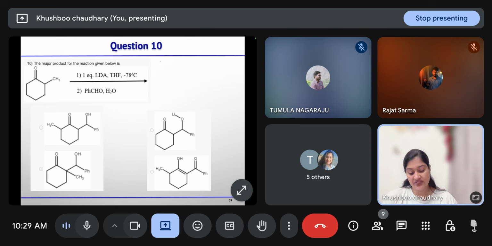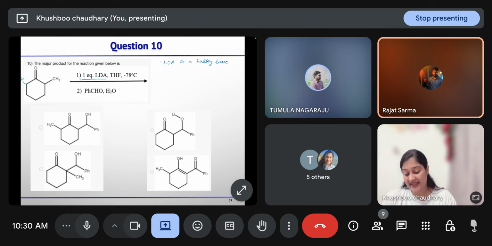Then the last question is the major product for the reaction given below. You have this ketone and you are treating it with LDA. So first tell me through which side the enolate will generate. LDA is a bulky base, so it will abstract a proton from the methylene carbon, the less substituted side.